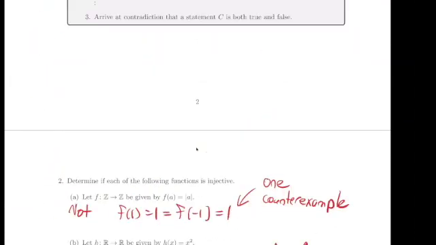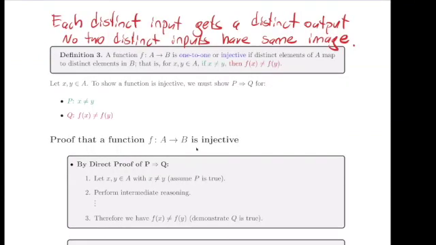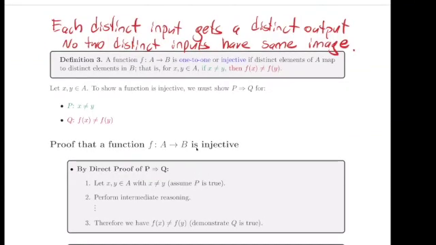If we want to prove that a function is injective, that's where recognizing the definition as a conditional statement comes in. So the if P then Q can be read as: if X is not equal to Y, then the outputs shouldn't be equal to each other.